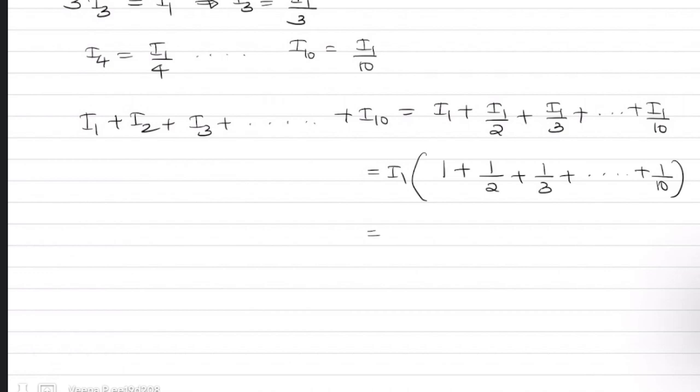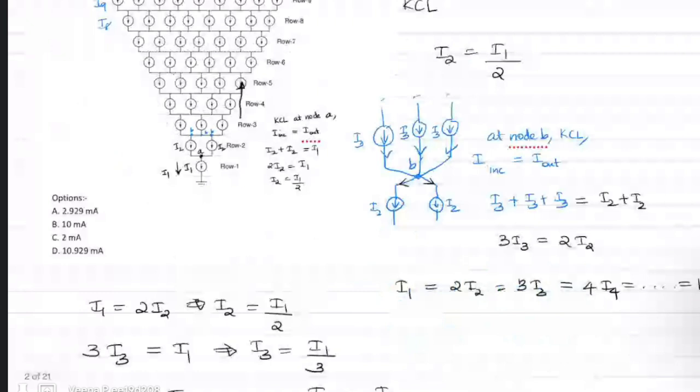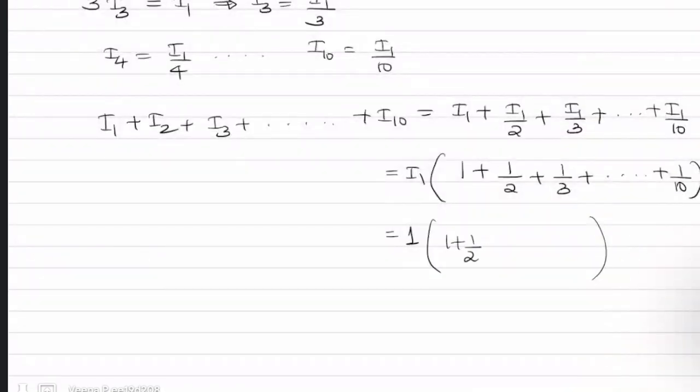Now I1 you already know. I1 is given in the question. It is 1 milliampere. So this is equal to 1 milliampere times 1 plus 1 by 2 plus so on up to 1 by 10.